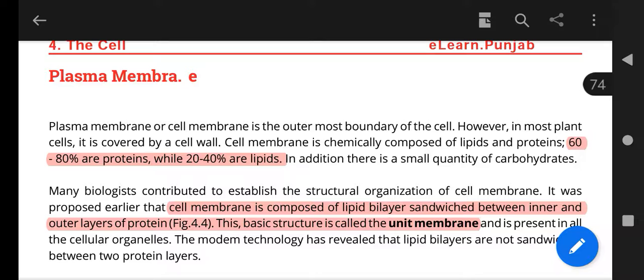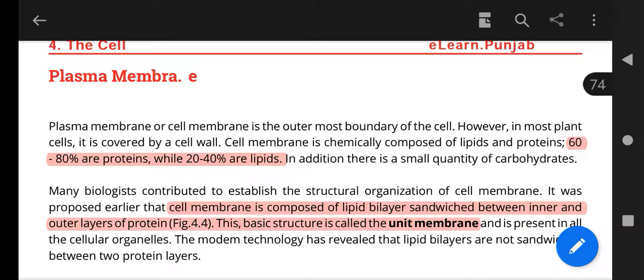So this model was the old one, and it is not considered as the true model of the actual structure of the cell membrane. The great one is the recent model, that is the fluid mosaic model.